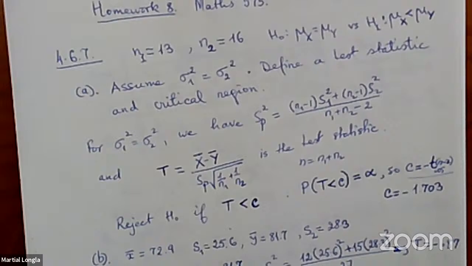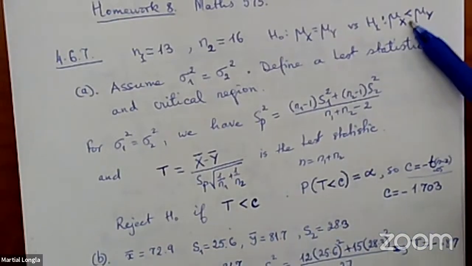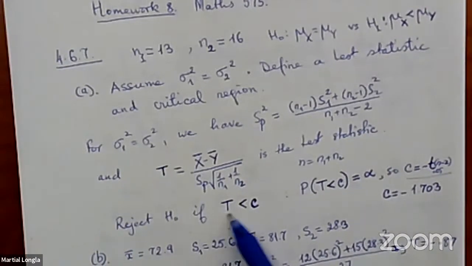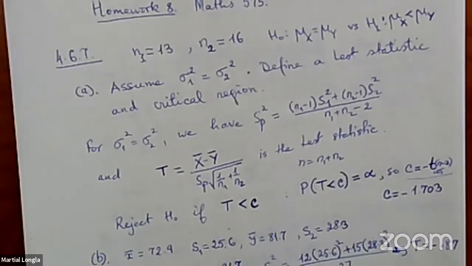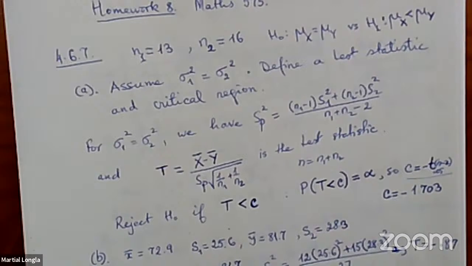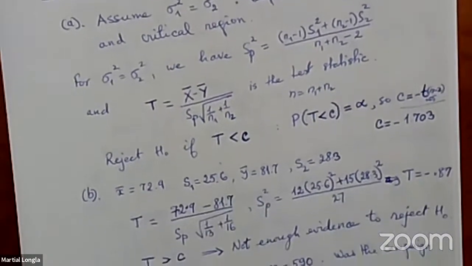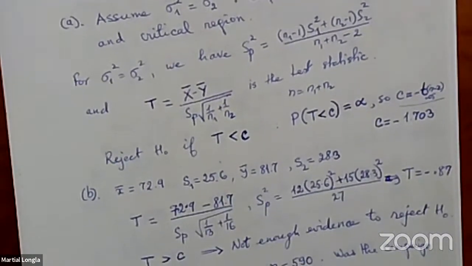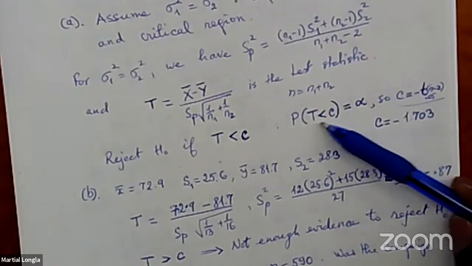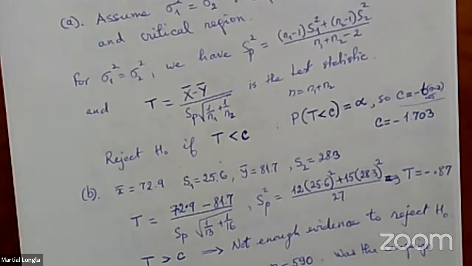And you would reject H naught if t is less than c, such that the probability that t is less than c is equal to alpha, the probability to reject the null hypothesis under the null hypothesis is equal to alpha.